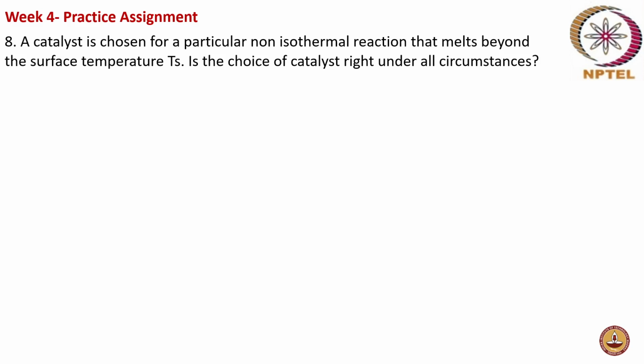So is the choice of the catalyst right under all circumstances? Can we go with this catalyst for this kind of reaction under all circumstances, or does melting beyond the surface temperature have any impact?